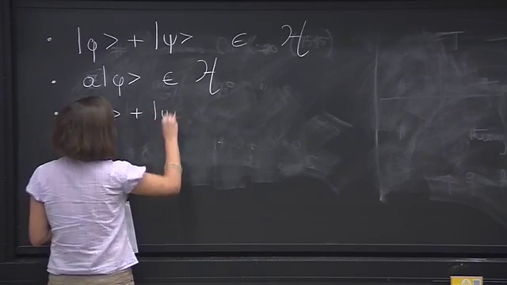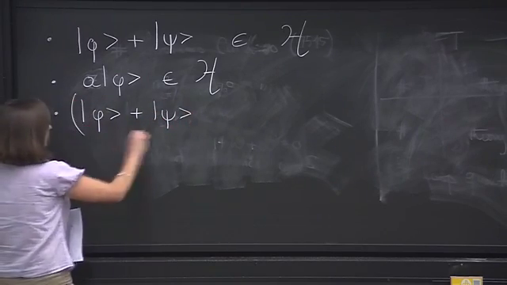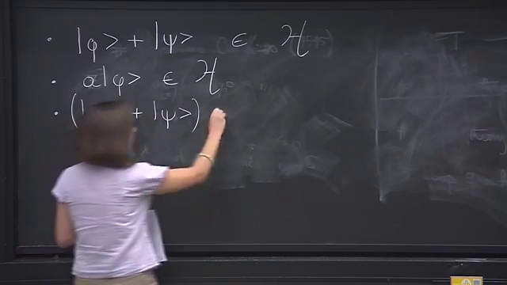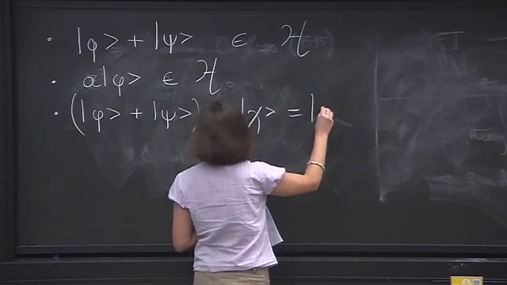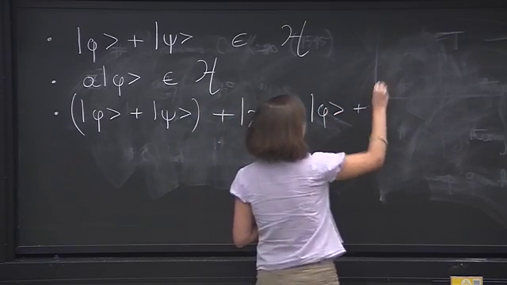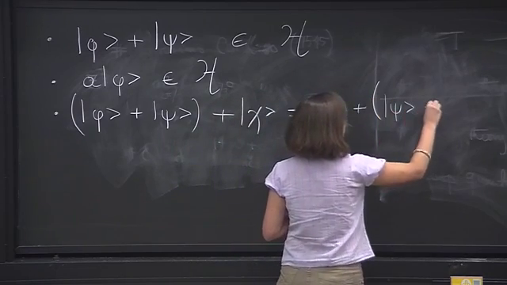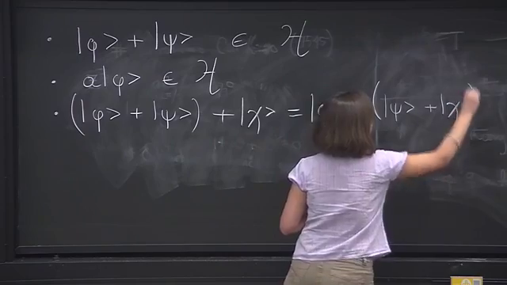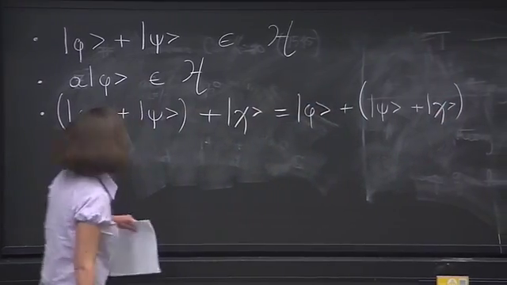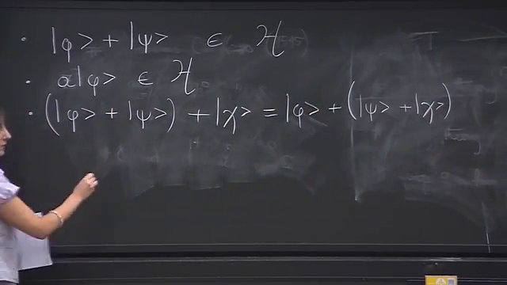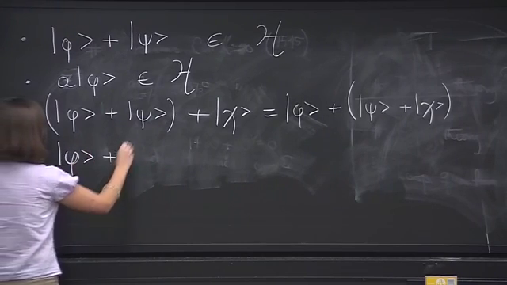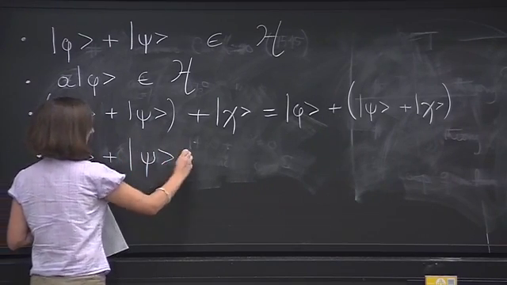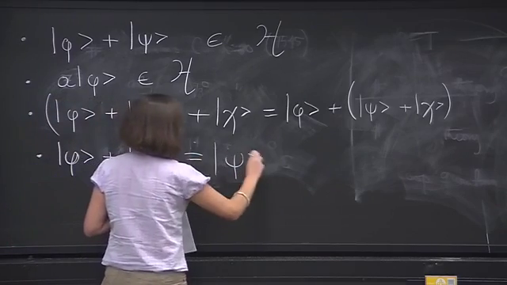That means that phi plus psi and then plus chi is equal to phi plus psi plus chi. And addition should also be commutative. Phi plus psi is equal to psi plus phi.